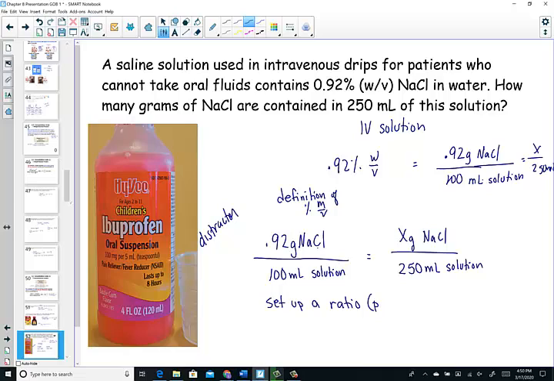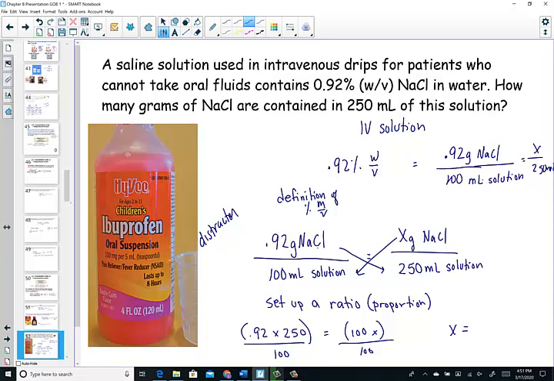I misspelled proportion. There we go. Proportion. And we'll solve for x by cross multiplying. So we'll cross multiply the side without the variable, 0.92 times 250, set equal to 100 times x. Divide both sides by 100 and you'll isolate x.